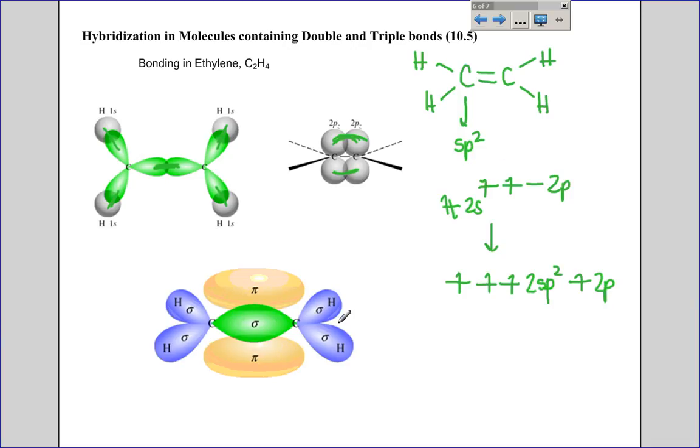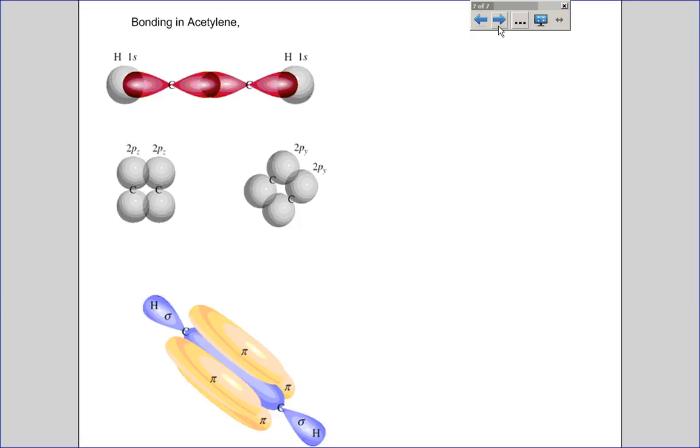So that's bonding in ethene. As you can see, when you study a molecule, anytime you see a double bond, there's always going to be one sigma bond, and then the second one will be a pi bond.